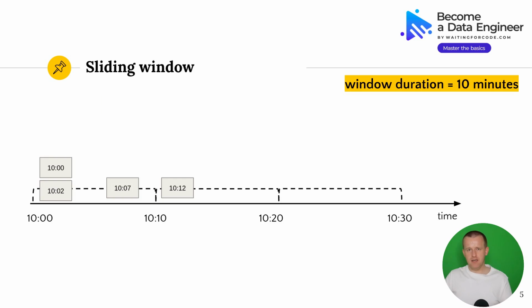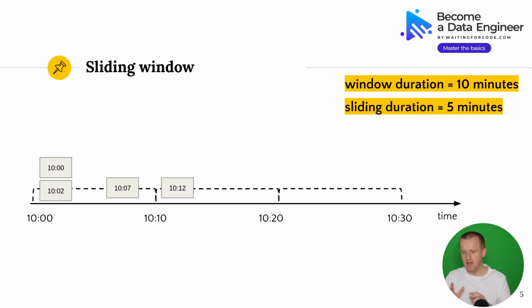The second one is the sliding window. Here we also have the window duration, but you slide the windows so that you can have some overlapping windows. Here we have the sliding duration of 5 minutes, meaning that we will create a new window of 10 minutes every 5 minutes. Let me give you an example. So this is the tumbling window. Remember this picture. We have 3 distinct windows.